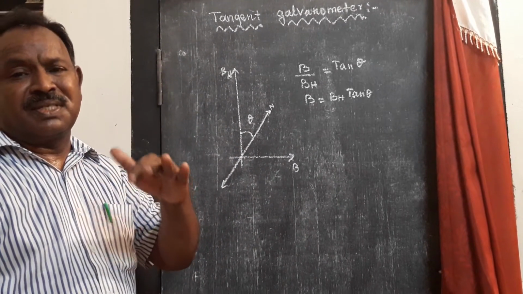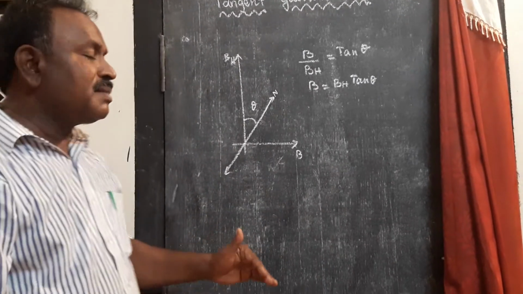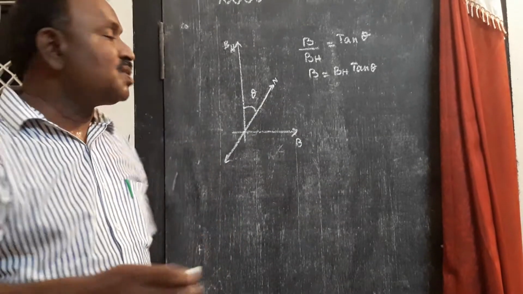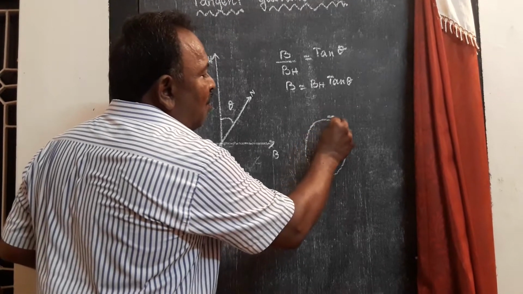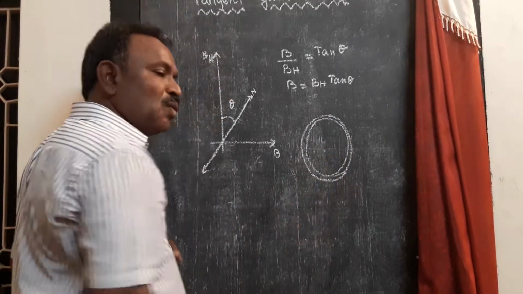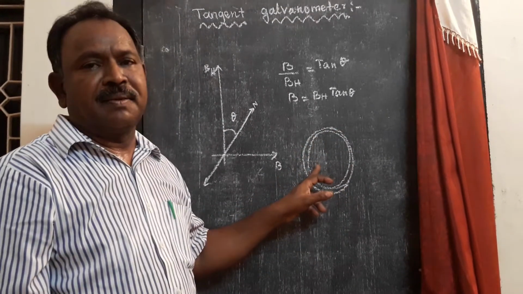Now let us see the construction of the tangent galvanometer. In construction, a tangent galvanometer is having a circular coil. This circular coil is wound over a non-magnetic frame like wood or any non-magnetic material.